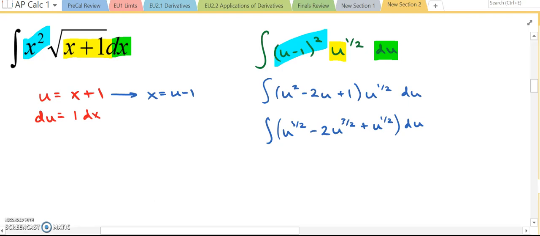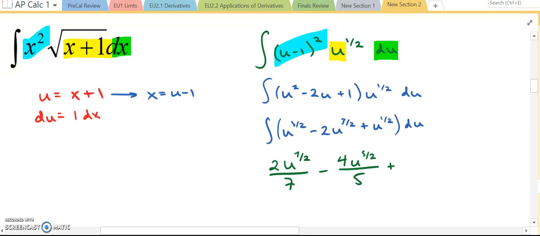It goes up to the 7th power, or excuse me, 7 over 2 for the power. But when you put that on the bottom, it actually puts the 2 on the top and the 7 down below. Same thing is going to happen again. It's going to be minus, there's already a 2 there, so that's why it's going to be 4u to the 5 halves over 5.